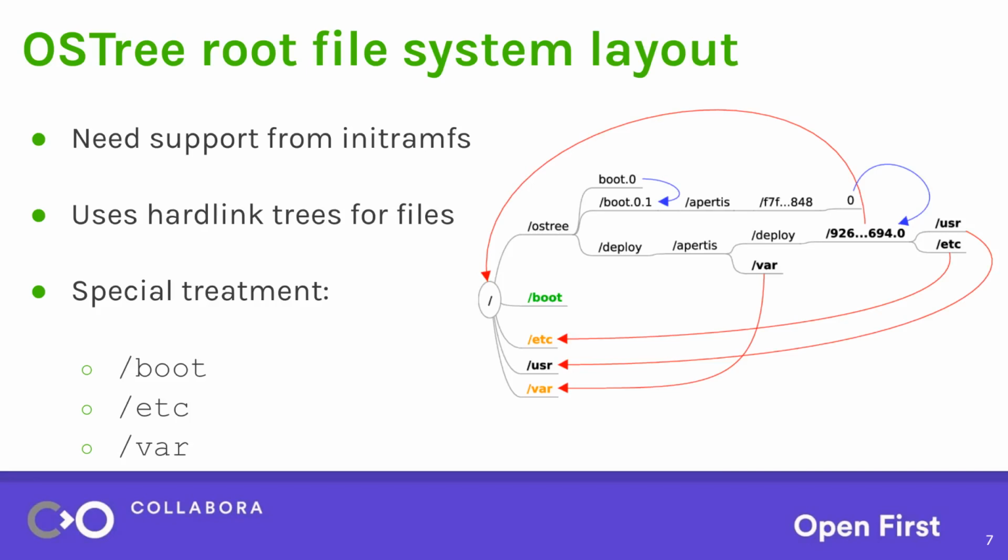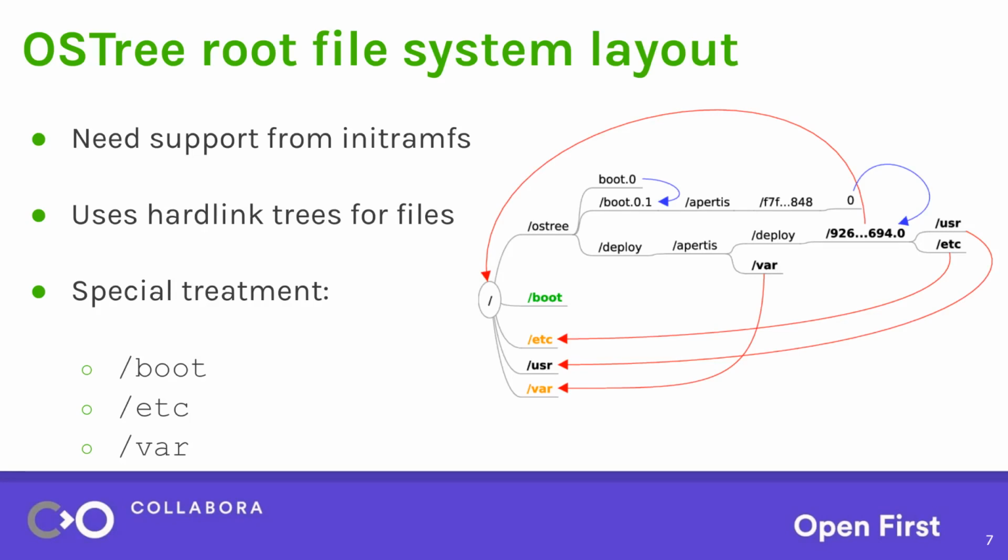Let's see a simplified overview of OSTree internals to give an idea how it works under the hood. We need support from initramfs, which should construct the bootable root file system by using bind mounts. We use hard link trees to position files inside of the root OS, and only the etc and var directories are treated differently.